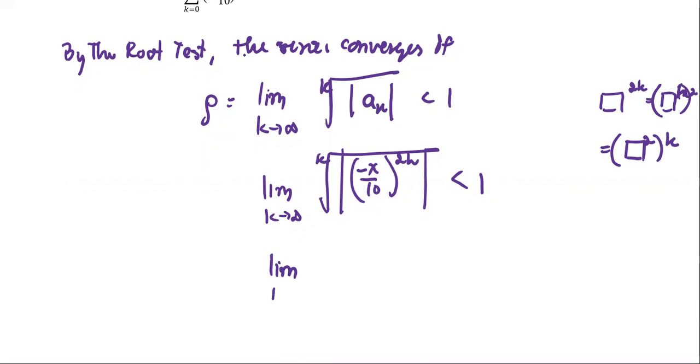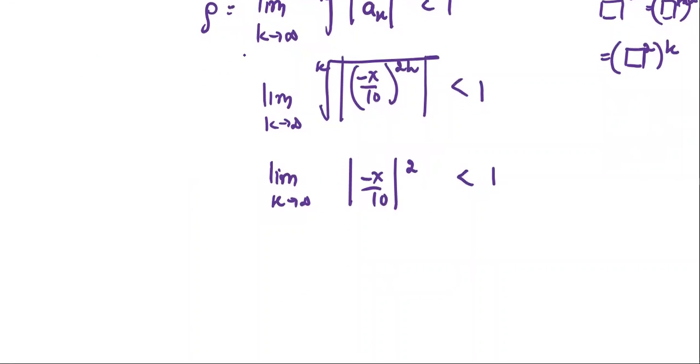Therefore, this limit is equivalent to the absolute value of negative x over 10, to the power 2, less than 1. And then we find the limit to be the absolute value of x over 10, to the power 2, less than 1, because the negative sign will be gone from taking the absolute value.